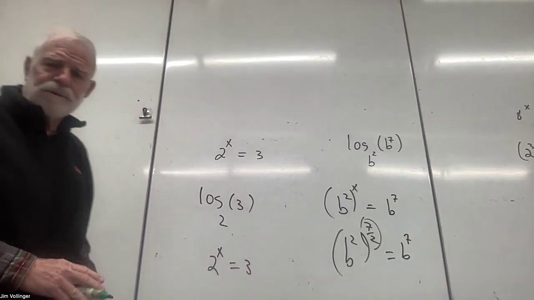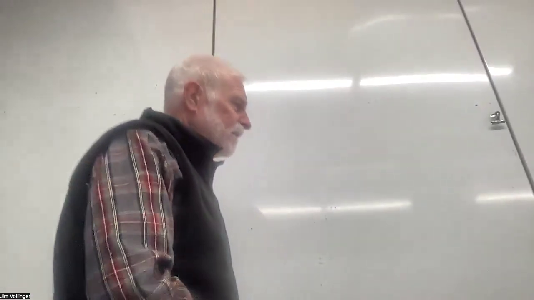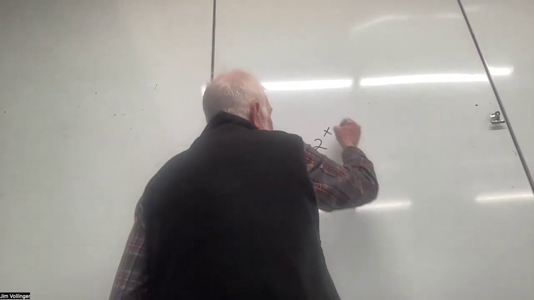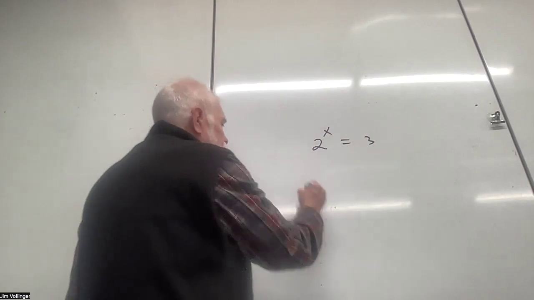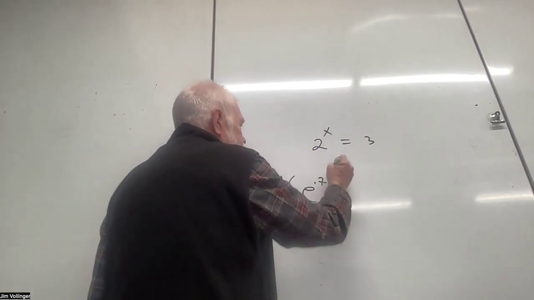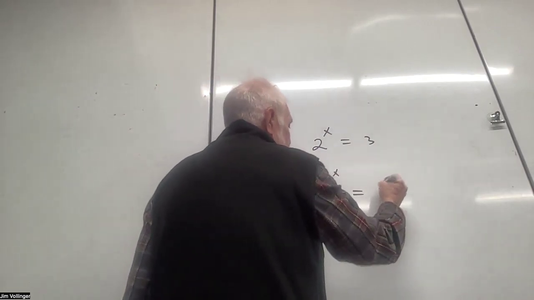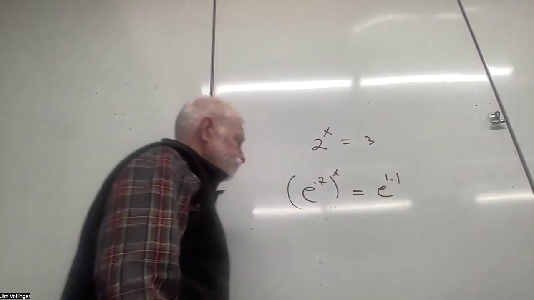Well, thank you, Mr. Euler, because I think you gave us that exponent, and I think it's base e. Because I think I can write 2 to the x equals 3 in base e notation. I think 2 is e to the 0.7, and 3 is e to the 1.1.